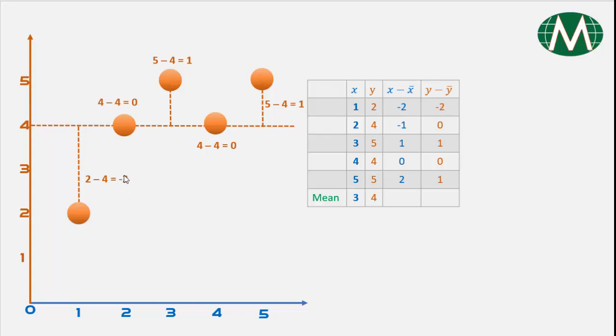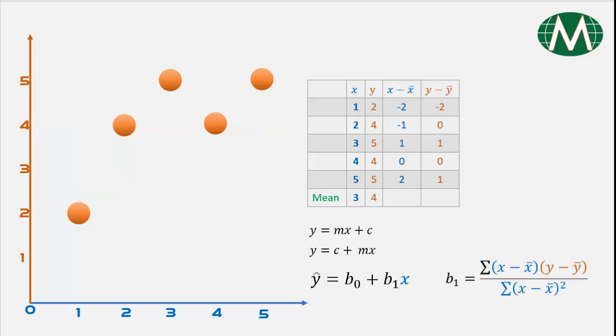Now we have plugged in these differences in this column. Here we are going to calculate the linear regression line. The regression line is a straight line, and we know the formula for a straight line is y equals mx plus c.